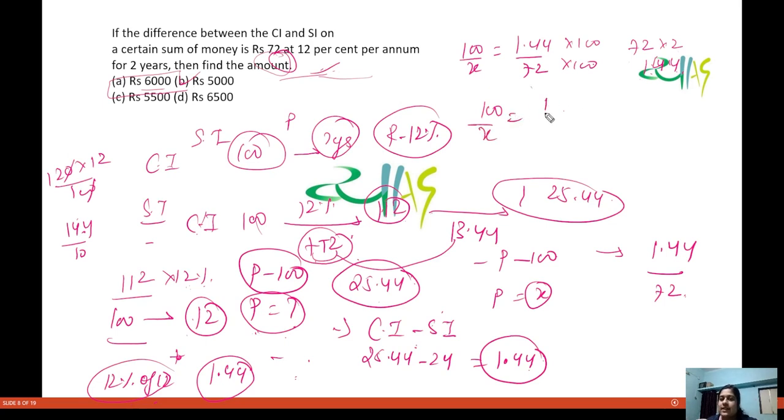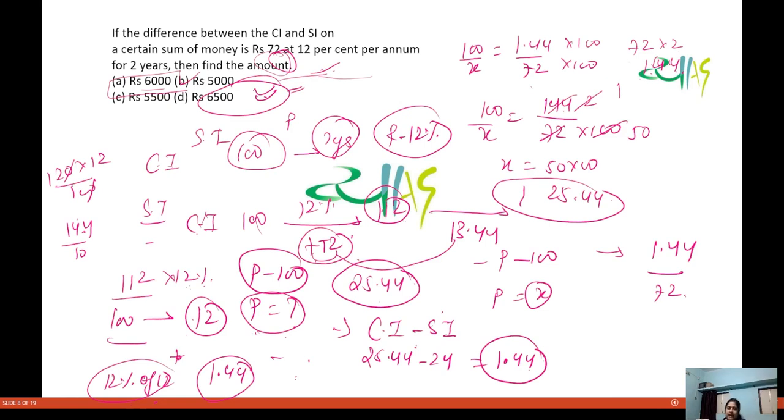So this will become 144 divided by 72 into 100. 72 into 2 is 144, so x will become 50 into 100. That is how much? 5,000 rupees. So this is how we can do this.